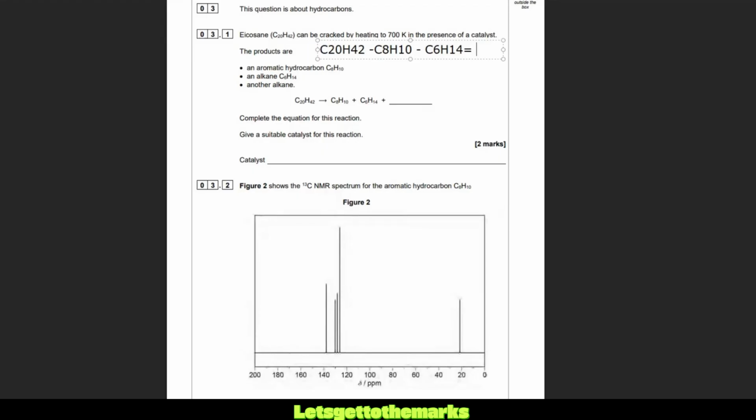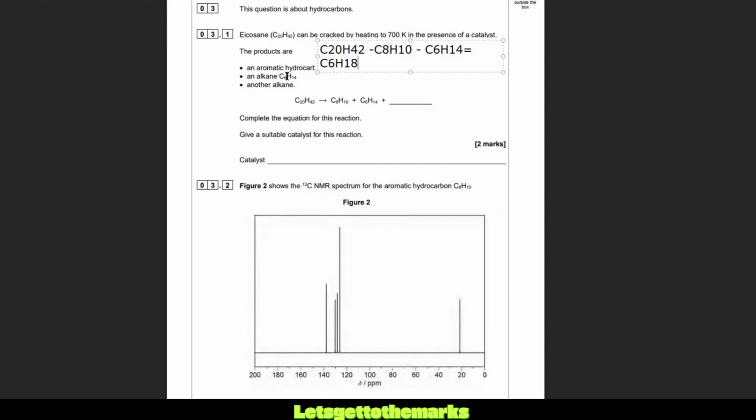If we go 20, take away 8, that's 12, take away 6, I'm left with 6 carbons. Now let's work out how many hydrogens we're left with. 42 hydrogens, take away 10 is 32, take away another 10 is 22, take away 4 is 18. So we are left with C6H18.